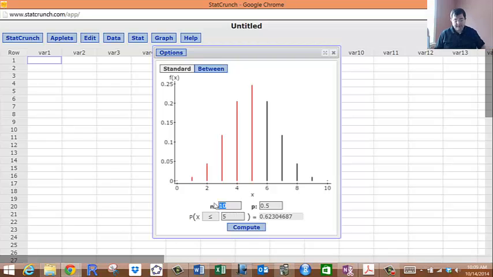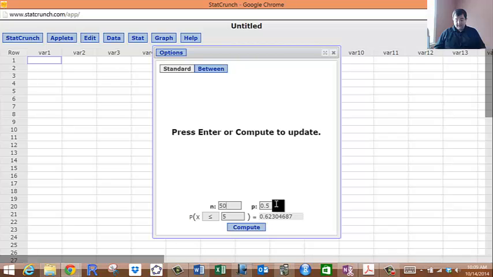And all there is to it, literally, we're just going to type in 50, and then p is 0.02. And then you can choose if you want to know less than or equal to, greater than or equal to, less than. I'll show you how great this is. It'll make the homework very, very easy.